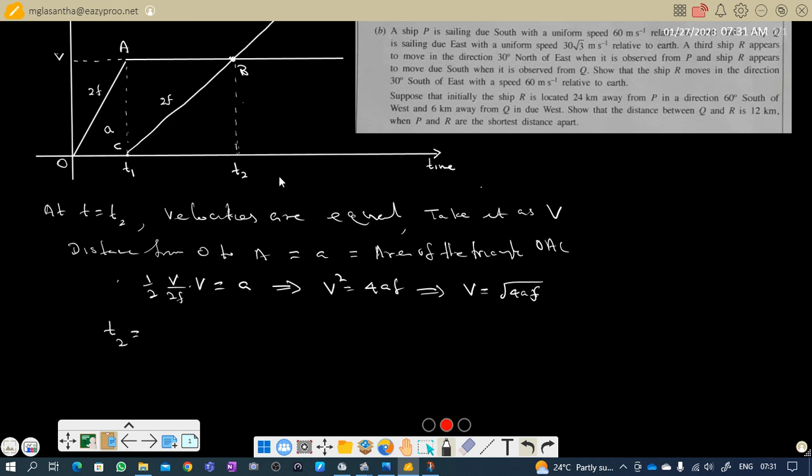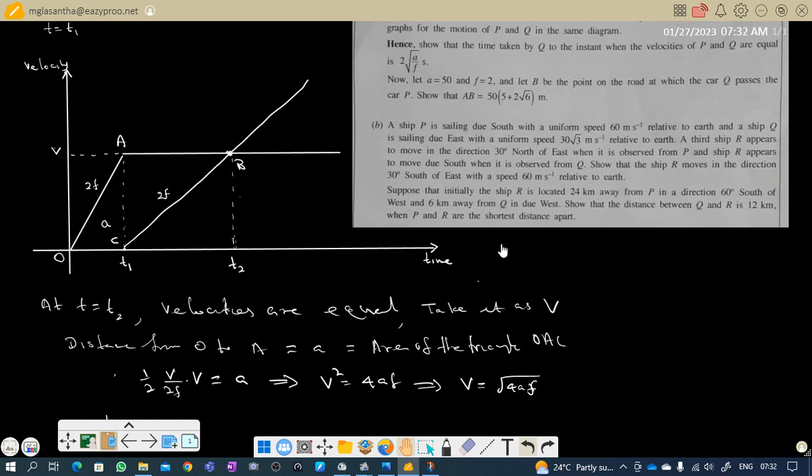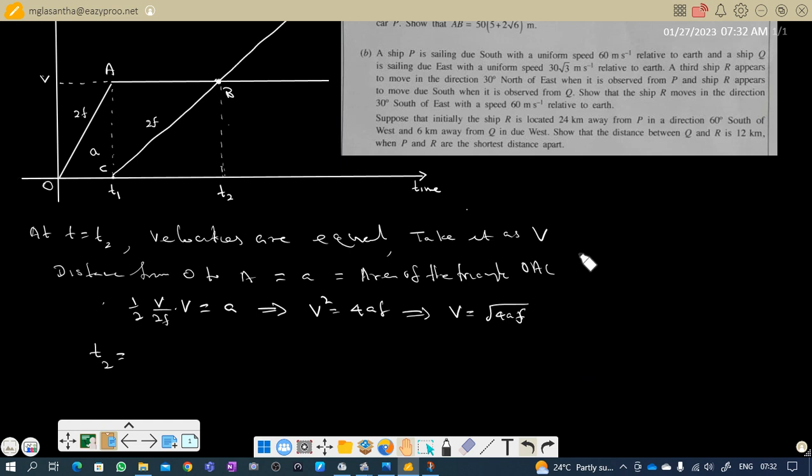You need to find the time taken by Q to the instance when t equals t2, which is t2 minus t1, that is v over 2f.